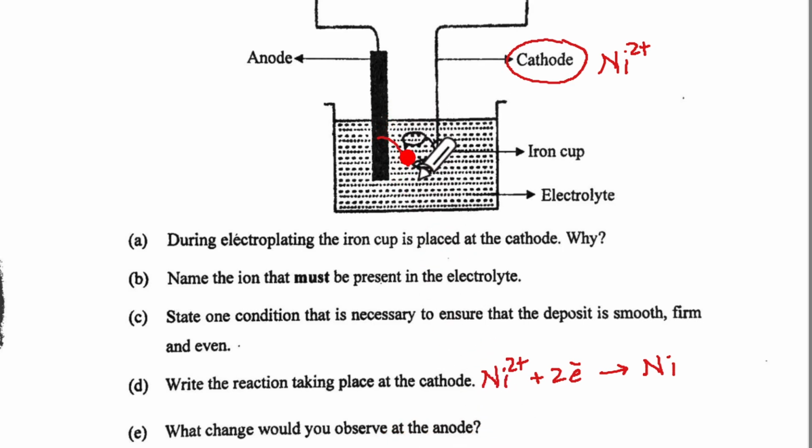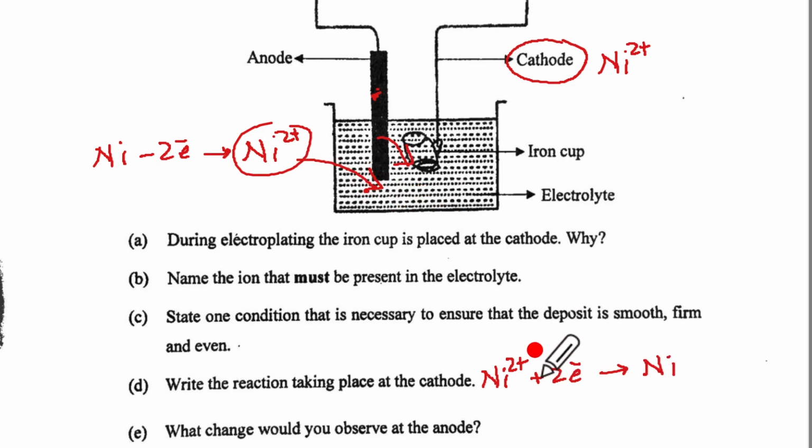Now anode also going to take part in the reaction. The reaction here is going to be nickel from here is going to lose 2 electrons and is going to form Ni2+ ions, which will go in the solution, and that will replace these nickel ions which have been deposited at the cathode.